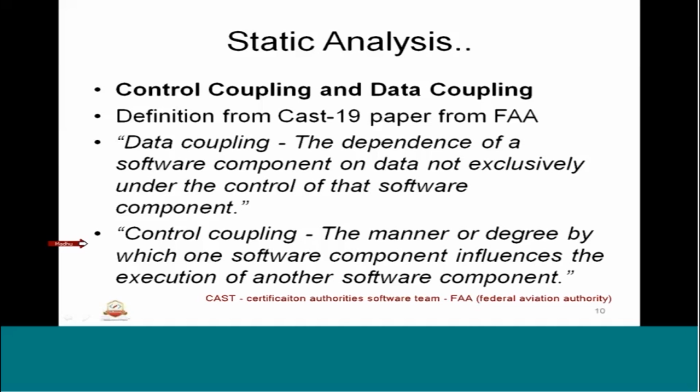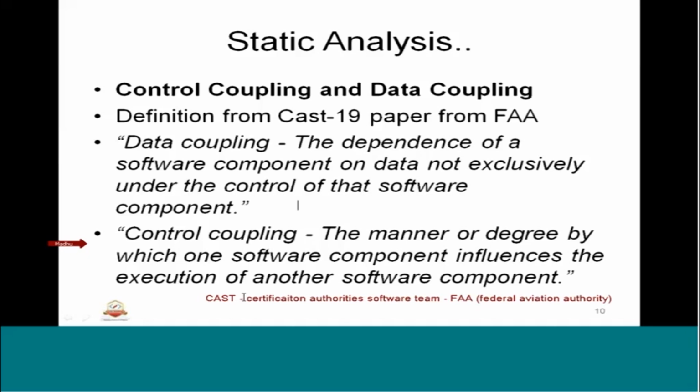in the static analysis aspect with the help of various analysis tools or references or standards such as CAST papers from the FAA team. So with the help of that, the data coupling analysis and control coupling analysis are done. So this will bring out the dependency of the data that are used outside and inside the software component.